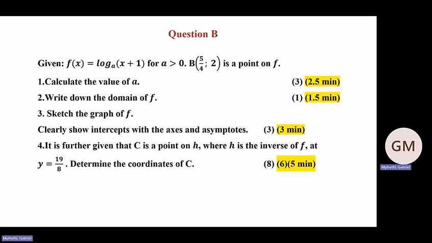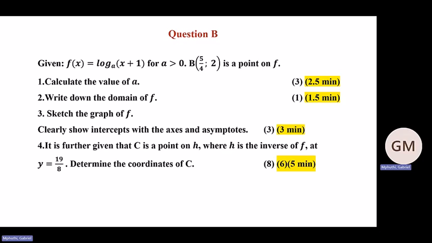Now, question B focuses on an exponential graph, and we are being given the logarithmic function for starters. When you look clearly, you will see that we will need to find also a function h, which is the inverse of the function f, and that will be an exponential function that we normally know.